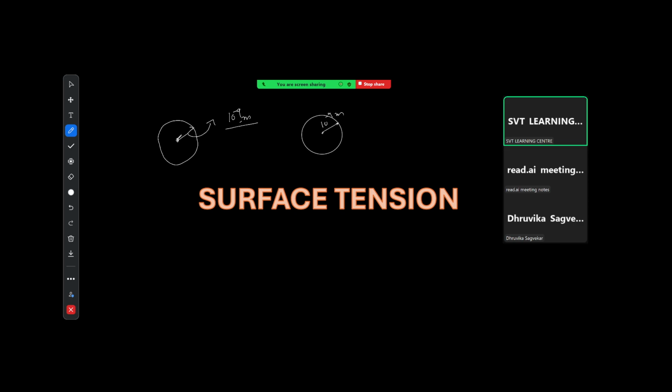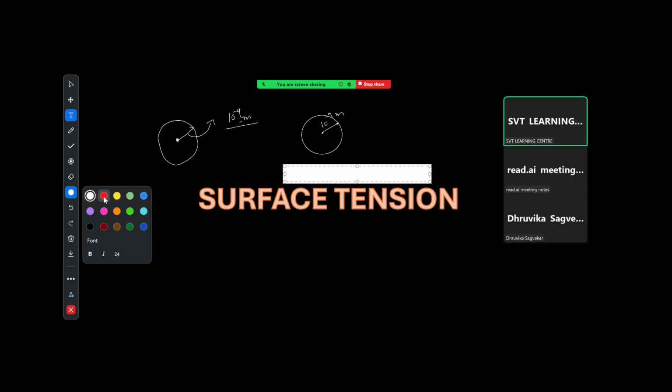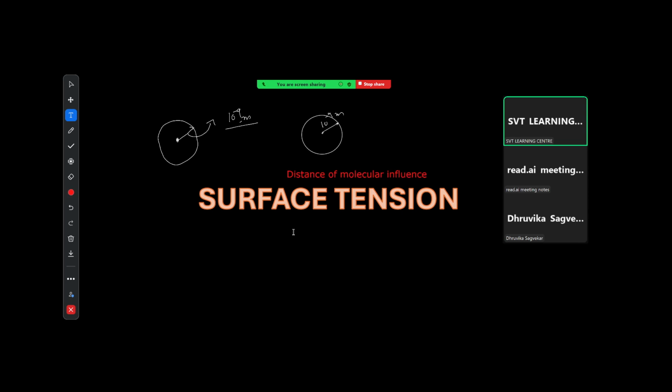This distance is called the radius, the distance of molecular influence. It's called the distance of molecular influence. And the sphere that forms because of it is called the sphere of molecular influence. Okay.